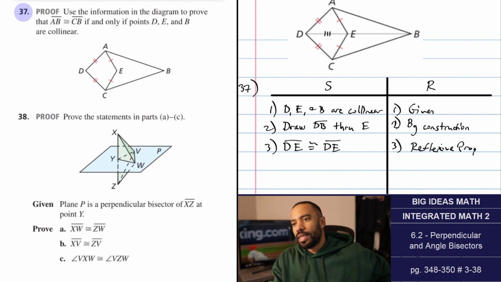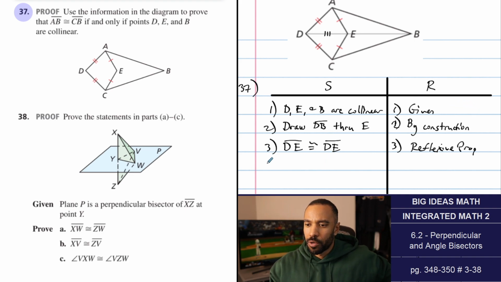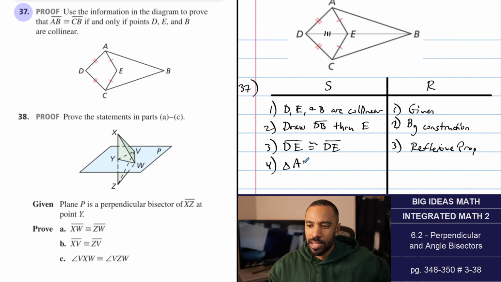All right. And then we'll go to these two triangles being congruent, the two smaller triangles. Triangle ADE is congruent to triangle CDE by side, side, side.